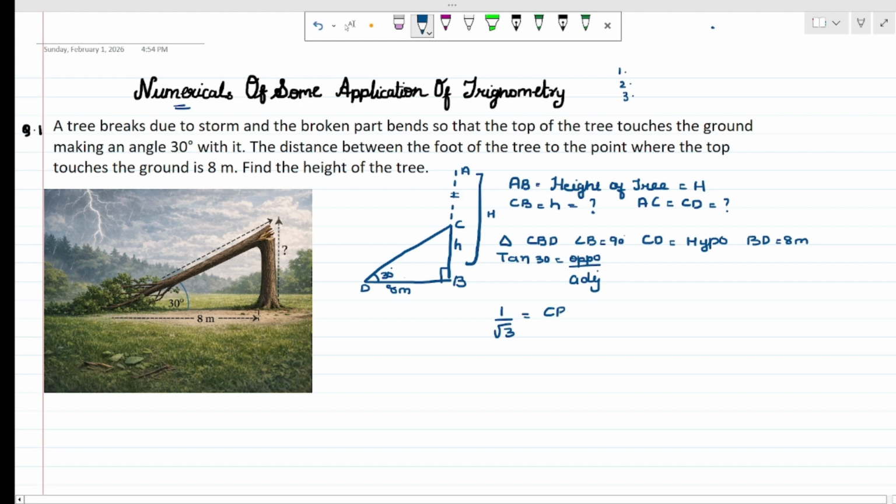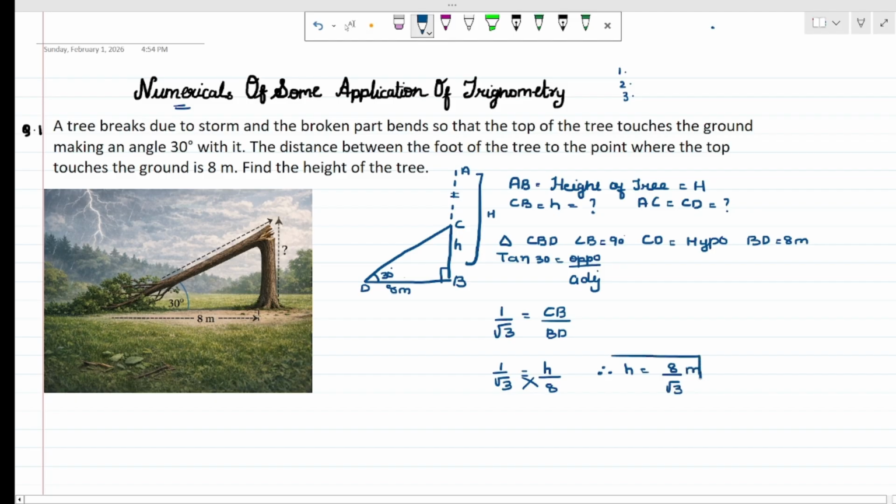So my opposite side is CB. What is my adjacent side? My adjacent side is BD. So right over here, next 1 upon under root 3 will be equals to, what is my CB? It's small h upon 8. Okay, cross multiply it. 8 goes in the numerator. So you will get your answer of small h will be equals to 8 upon under root 3 meters.